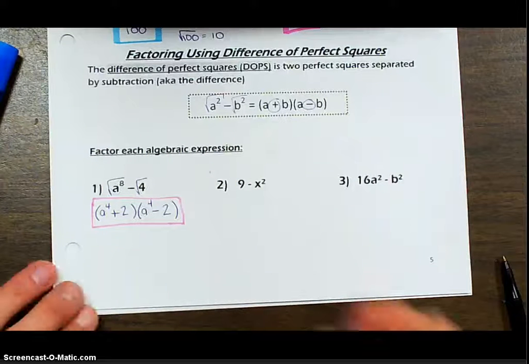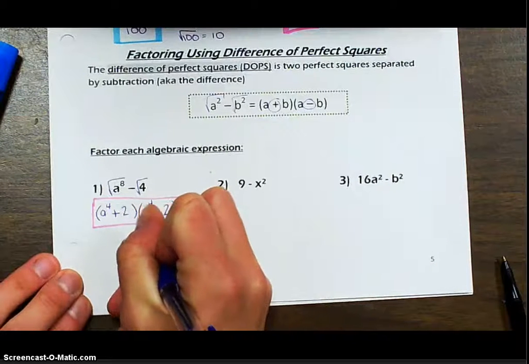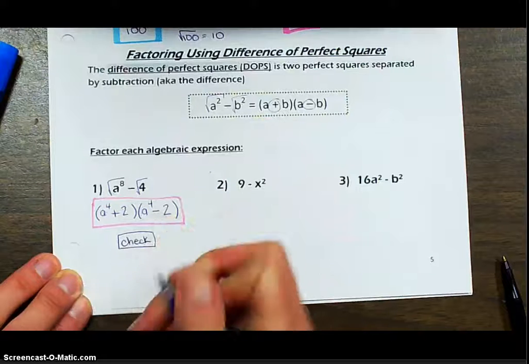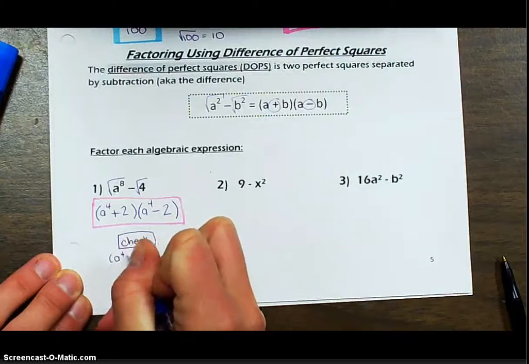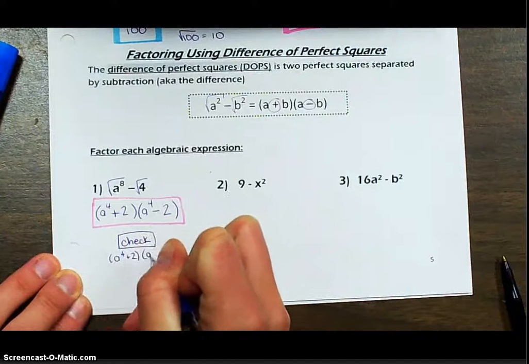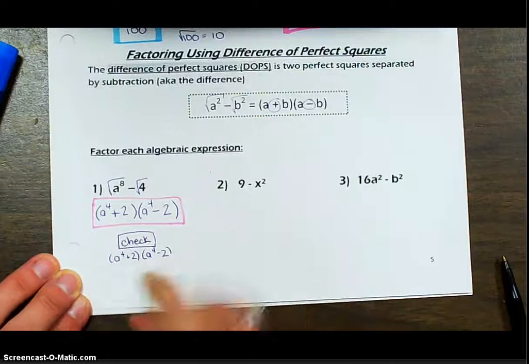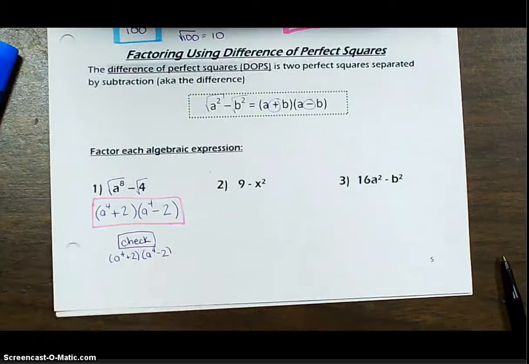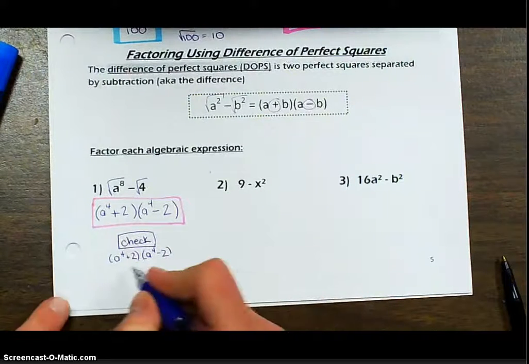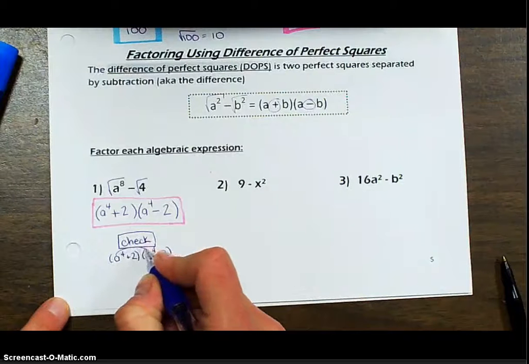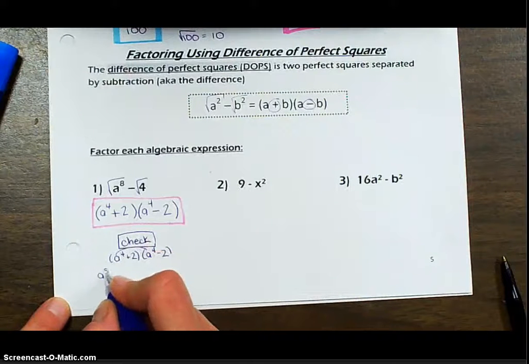Now if we wanted to check, we could check this. I'm going to rewrite my answer and multiply it together. Remember, a binomial times a binomial, we have to use long distribution. A to the 4 times a to the 4 is a to the 8.